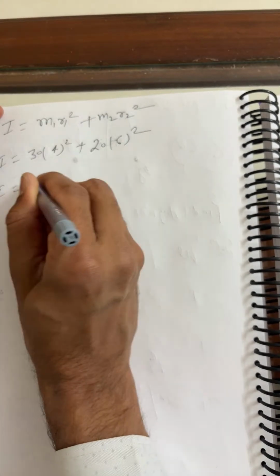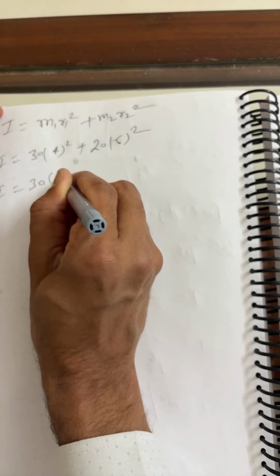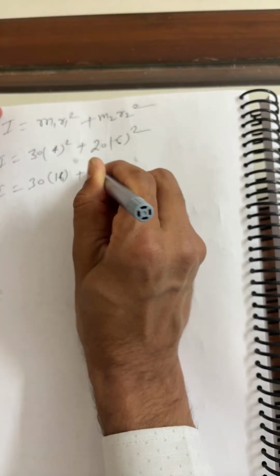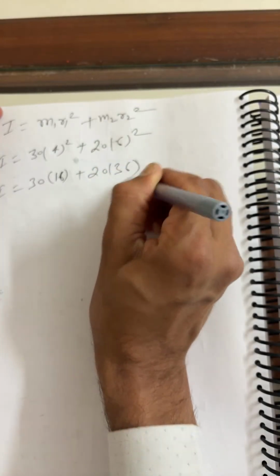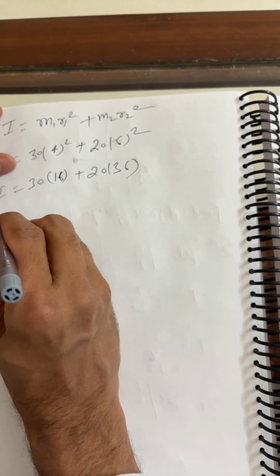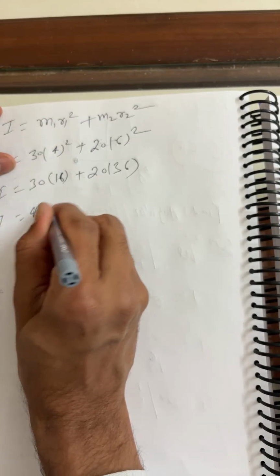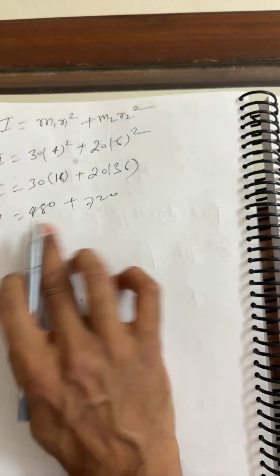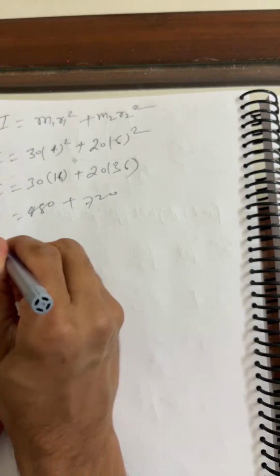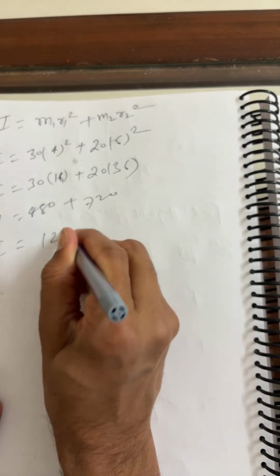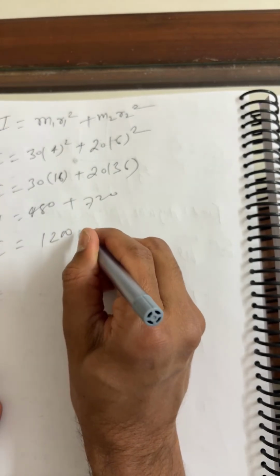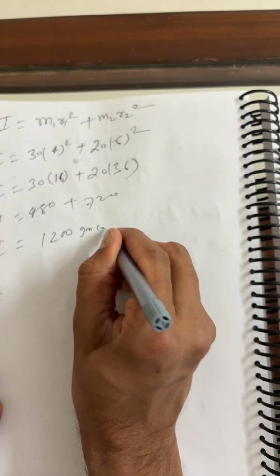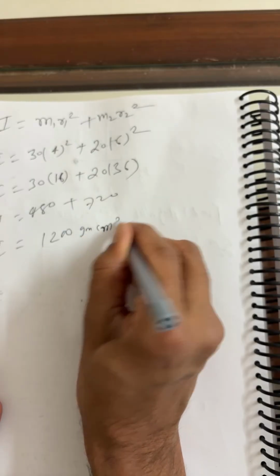So how much will I get? 30 into 4 square, 16, plus 20 into 36. So I is equal to 480 plus 720, which is 1200. I you can write 1200 gram centimeter square.